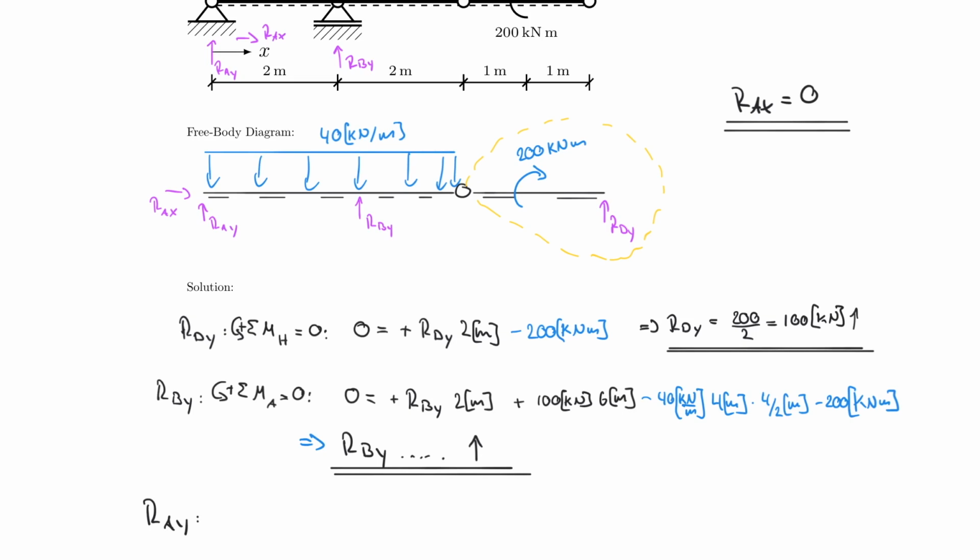And how would I find that? I could do it either by the sum of the moments about a point, but the easiest way in this case would be the sum of the forces in the y direction being equal to 0 and upwards positive.